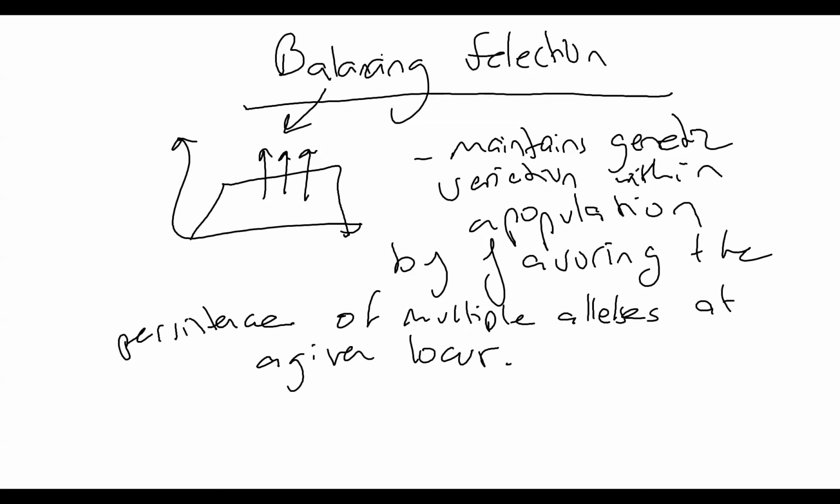So balancing selection is a kind of selection that maintains genetic variation within a population by favoring the persistence of multiple alleles at a given locus.